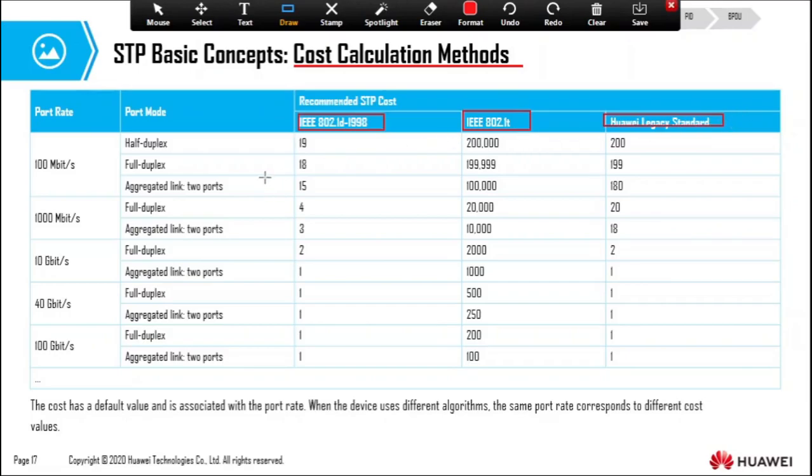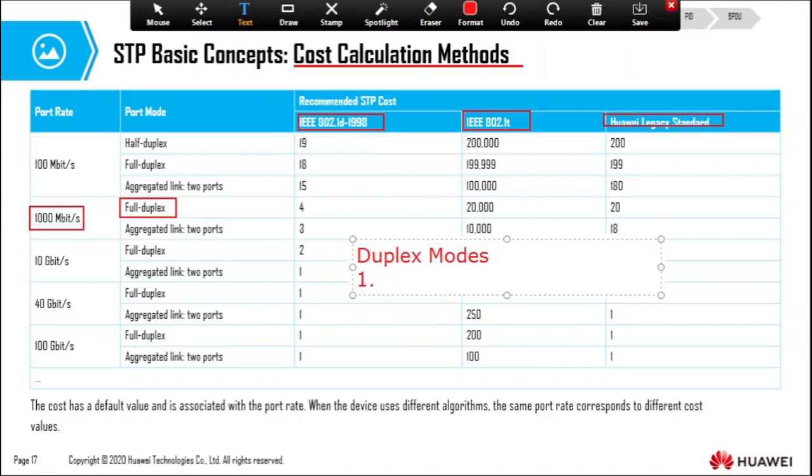Just as an example, a 1 gig link that is working on full duplex mode. Have we ever talked about duplex modes? We've never. Oh, sorry. We have two duplex modes in data communication. The first one is called full duplex, and the second one is called half duplex.